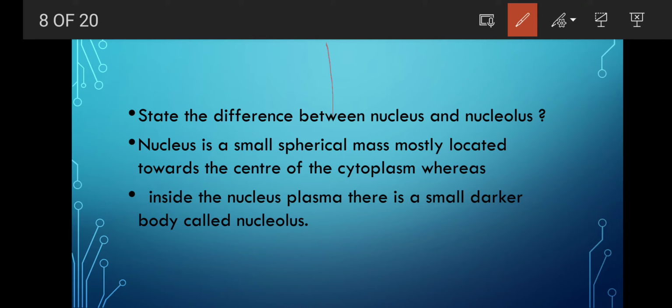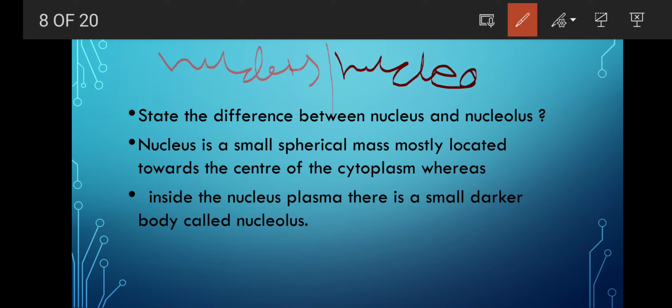This side you will write nucleus, and this side you will write nucleolus. Then here you will draw one line, and then here you will write the points related to the nucleus, and here you will mention the points related to the nucleolus.